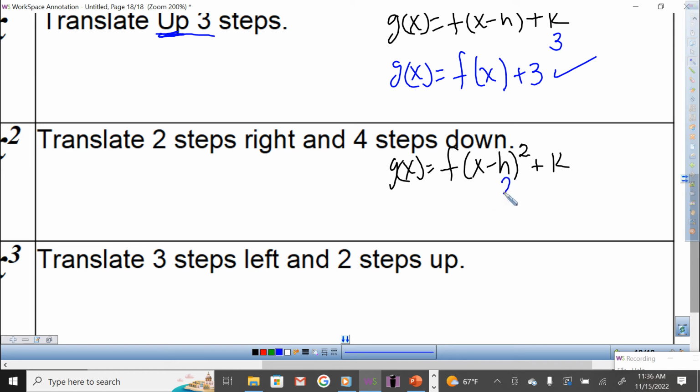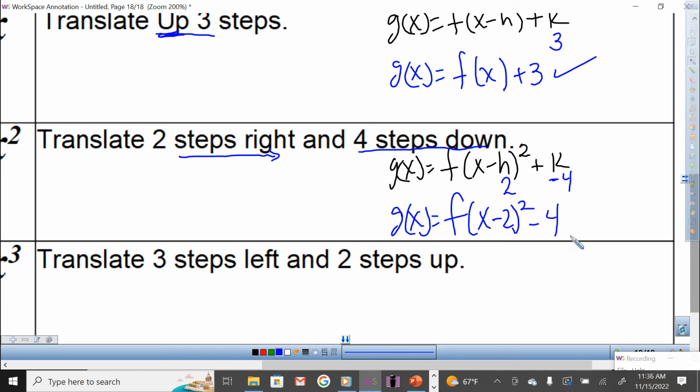Change the h to 2 and changes the k to 4, negative 4. Okay? So let's see. Right 2 steps, so it's a positive 2. That is correct. 4 steps down, so it's a negative, yes. And then we just rewrite this. G of x equals f of x minus 2 squared minus 4. Hands, have you got that? All right. I think we got it, yeah?